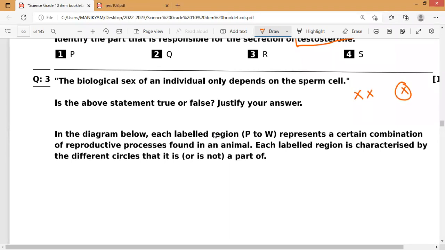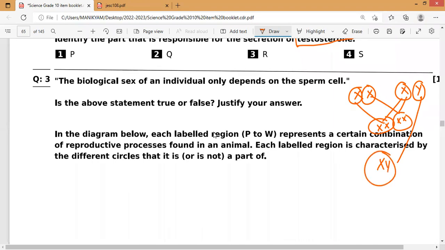In the male, the sperm will be X and Y. If X and X fertilize, it definitely leads to a girl child, and if X fertilizes with X it also leads to a female only. So if X fertilizes with Y, it leads to what? A male child.